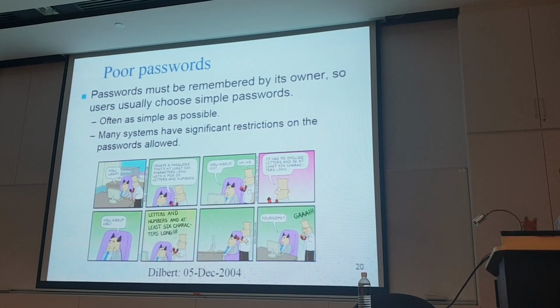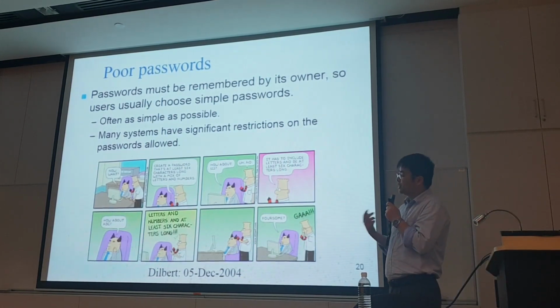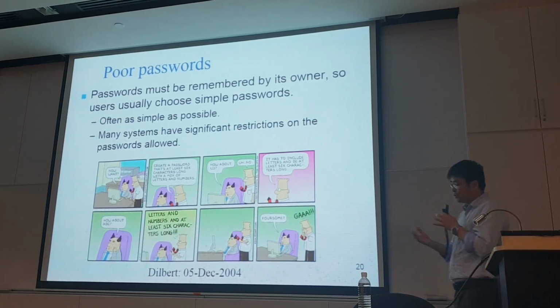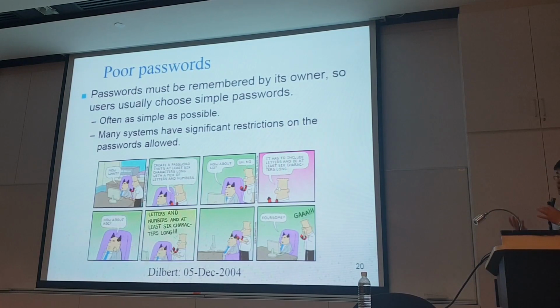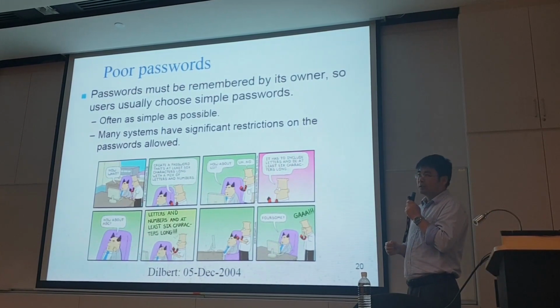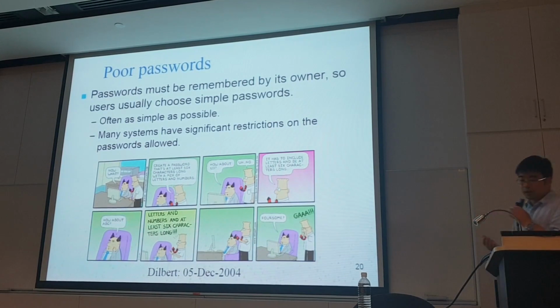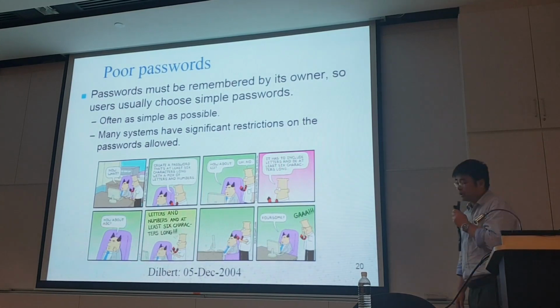Suppose you choose a PIN for your ATM card with 6 digits, that's only 1 million possibilities. Even if you choose a secure password, the possibility space is still quite limited compared with a cryptographic key. So the strength of the password is usually very weak. That's a major problem in password systems.